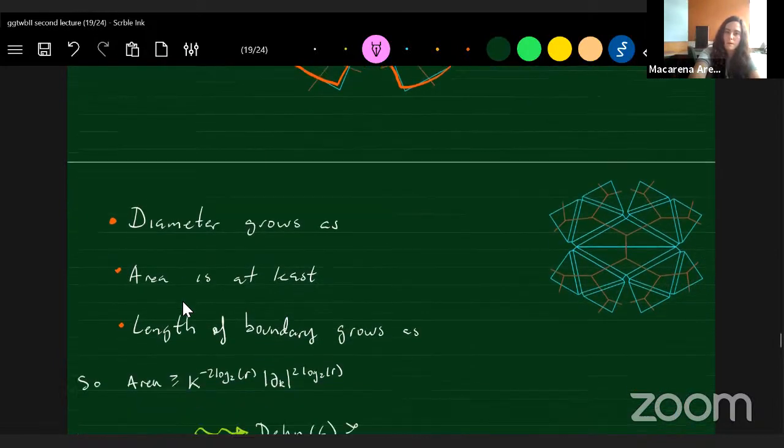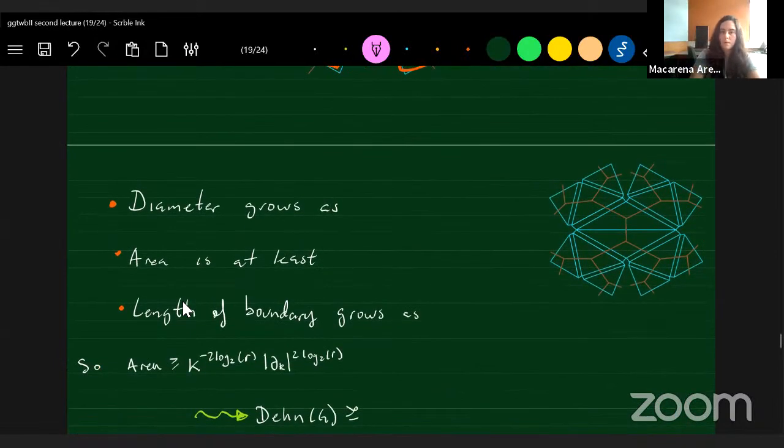So let me just recap. We know that the diameter goes as 2 to the k. The area is the square of the diameter. And the length of the boundary grows as the dual tree, so it's 2 to the k.